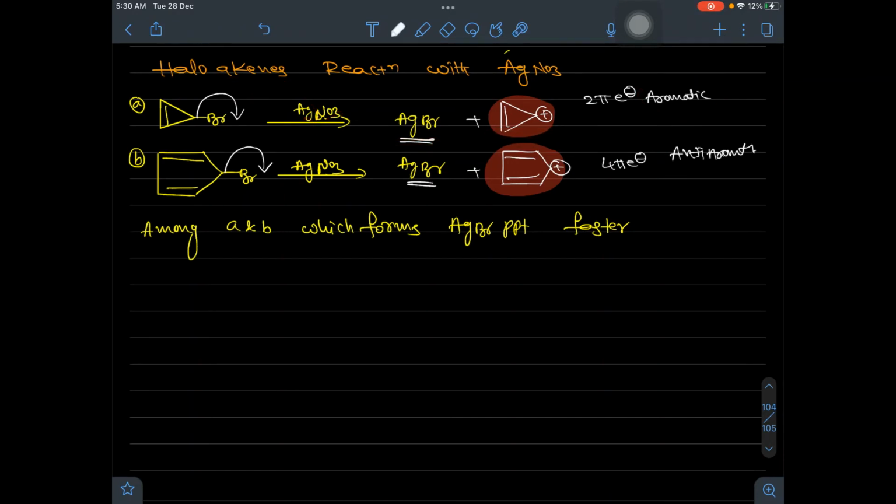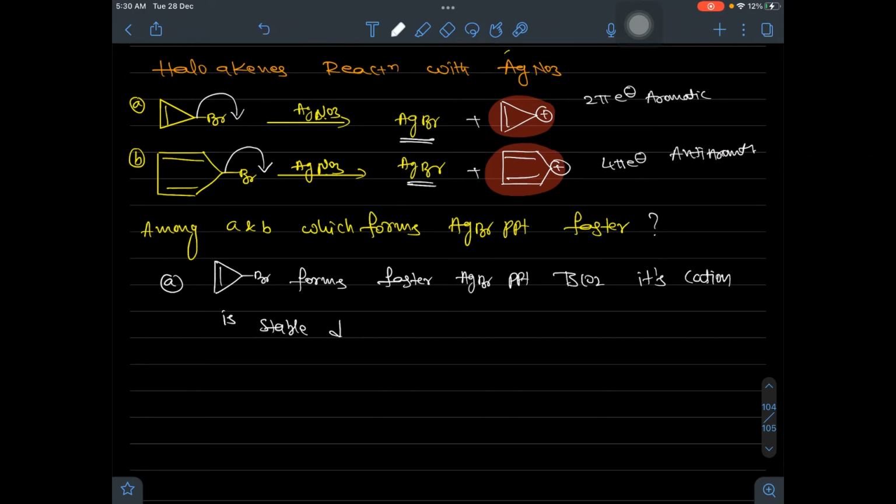So what we can write here as the answer: among A and B, which forms silver bromide faster means A, that is bromocyclopropene, forms AgBr precipitate faster because its cation is stable due to aromatic nature, isn't it?